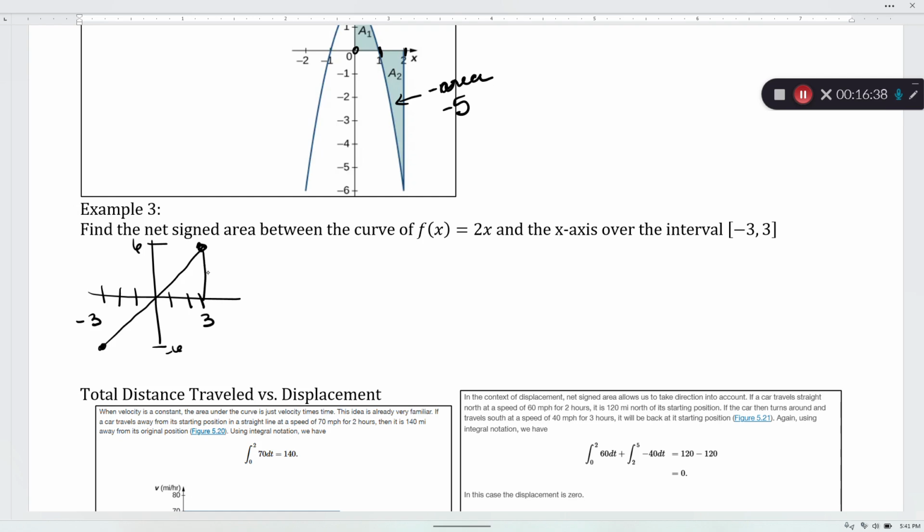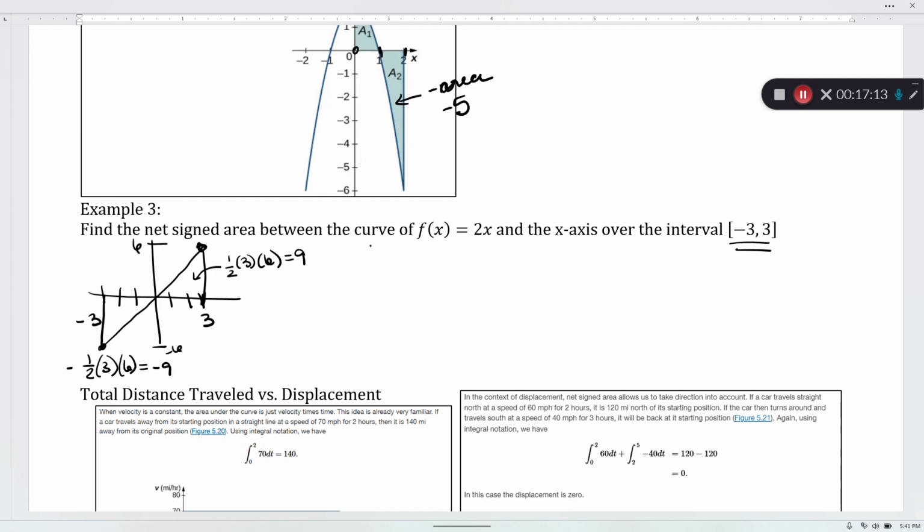So that's supposed to be where the 3 is. Okay. So this area is 1/2 base times height. So 9. And this one is 1/2 base times height, but it's negative because it's below the x-axis.